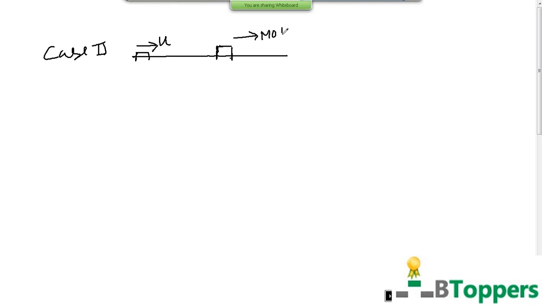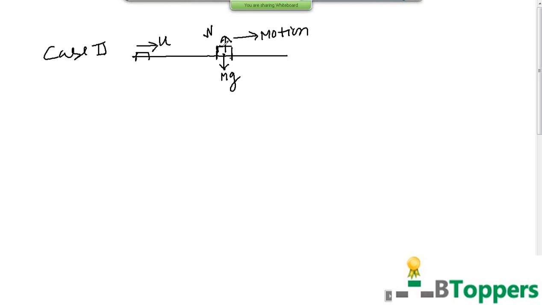So I am going to show you the free body diagram for the block during the motion. The first force which acts on the block is its own weight mg, which is a gravitational force on the block, and it acts vertically downwards. Then the normal reaction force on the block by the floor acts vertically upwards.